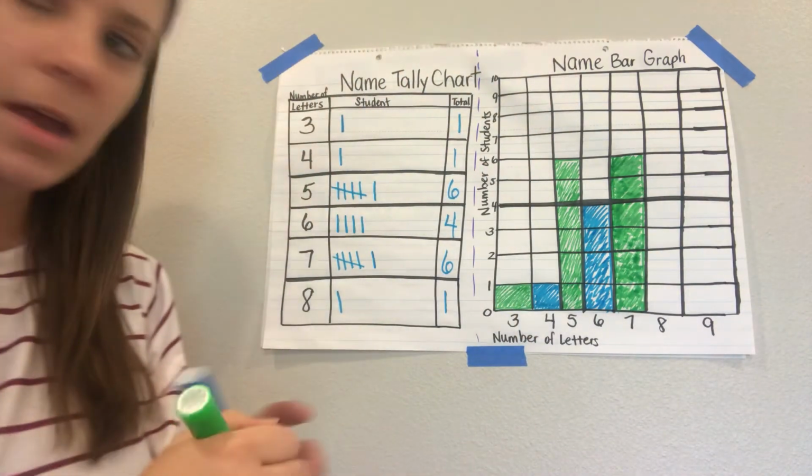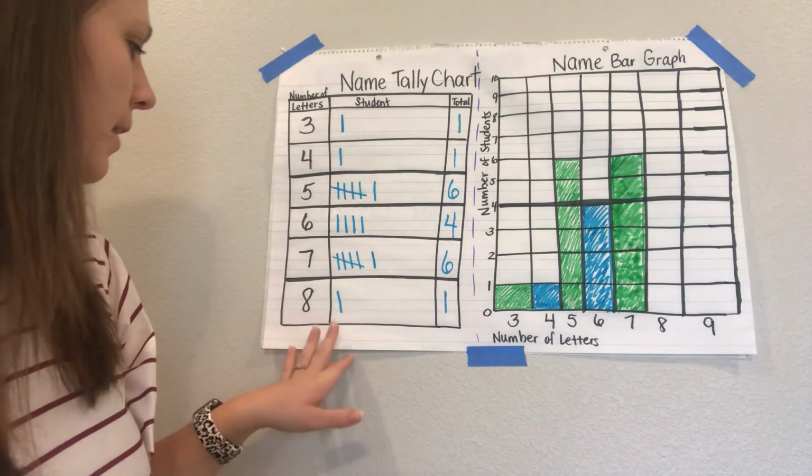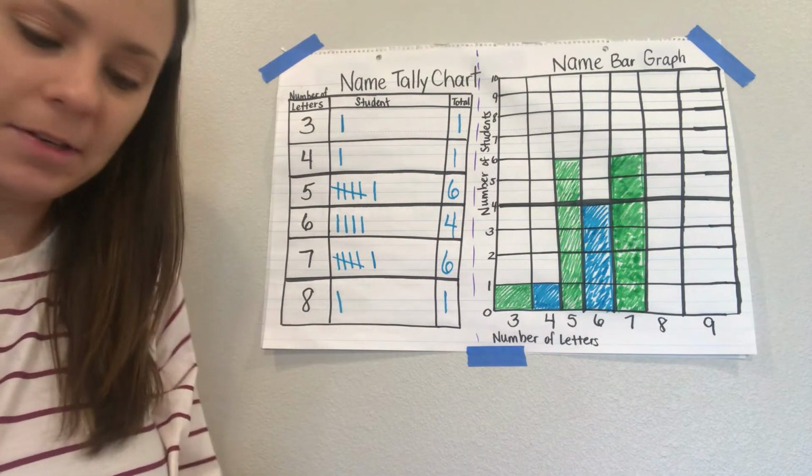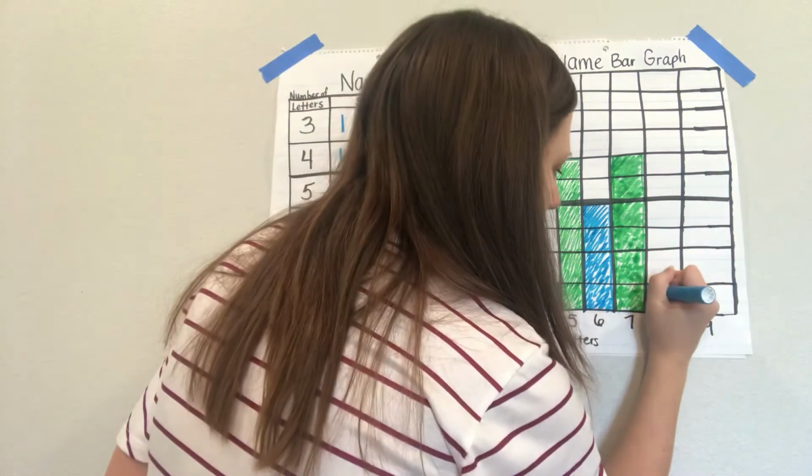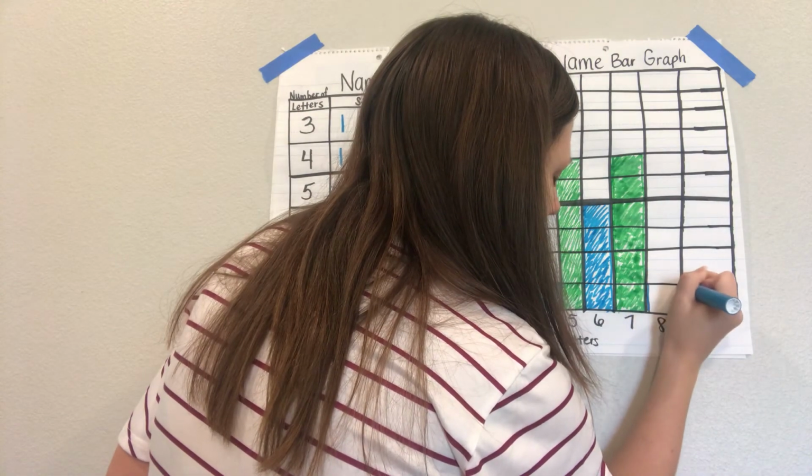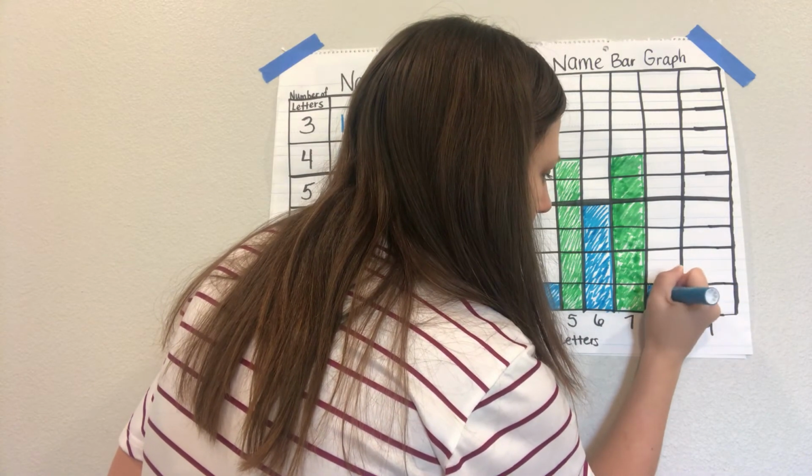Okay, and then finally, with 8 letters, we had 1 student. So I'm going to color in 1 box for my 1 student with 8 letters in their name.